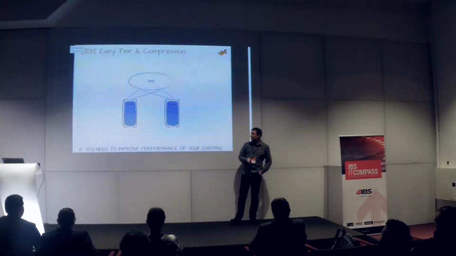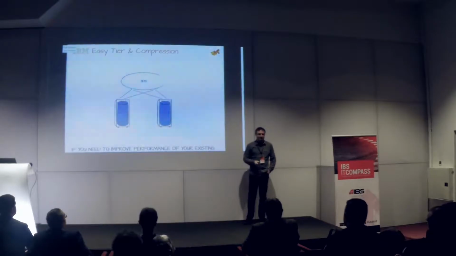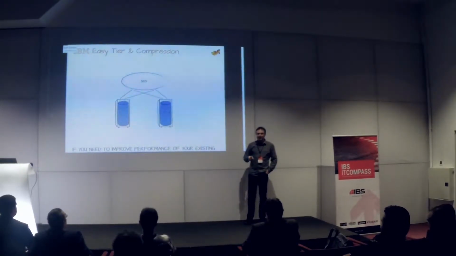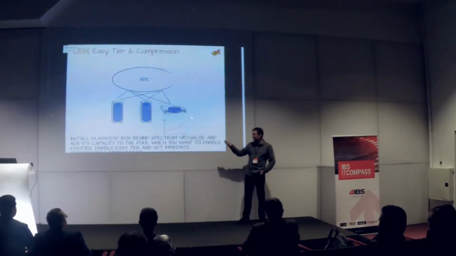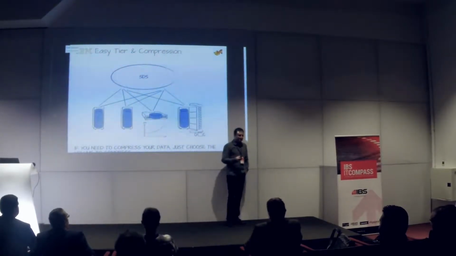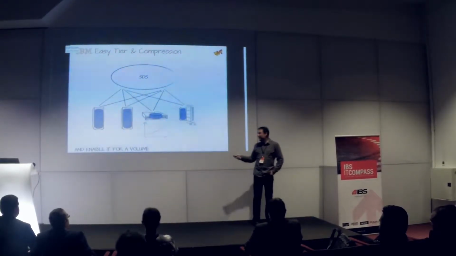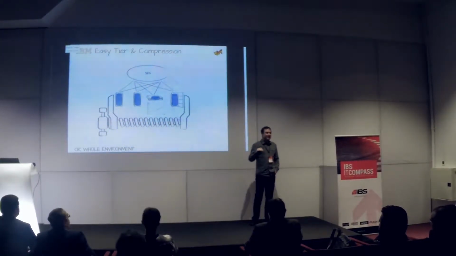The second case is because you control everything here, you can do tiering here, you can do compression on that level. So it's very easy to speed up all the systems which already exist by adding flash systems, or it's very easy to compress. And actually we have clients who are doing this, compressing whole environments.